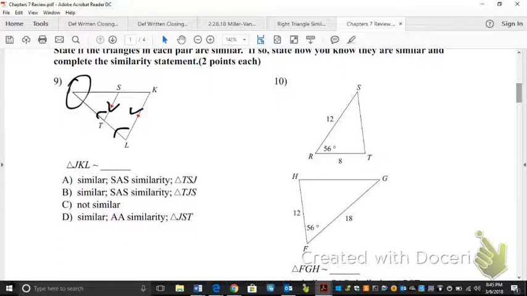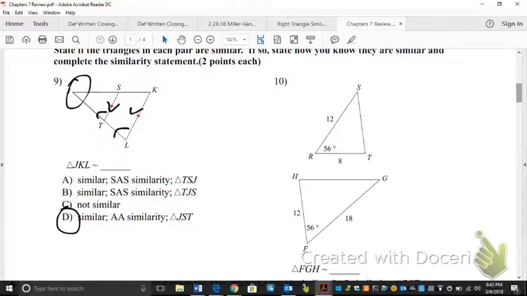So here we use that, T and L are congruent. Both triangles, JTS, JLK, share angle J, so we have angle similarity. We don't have to worry about order here because there's only one angle similarity there.